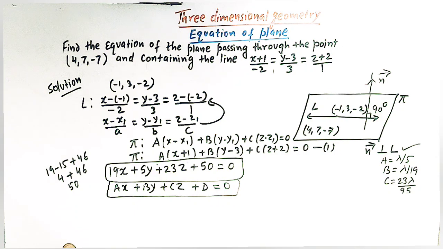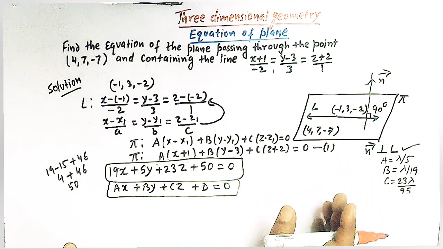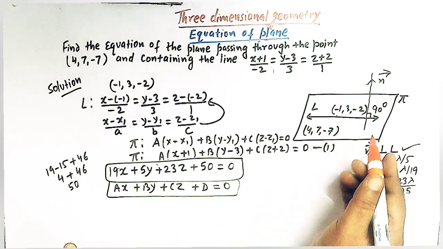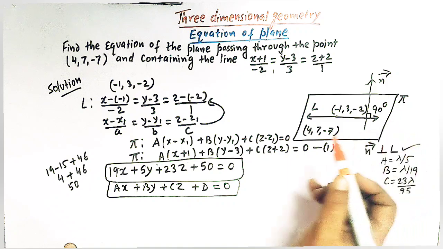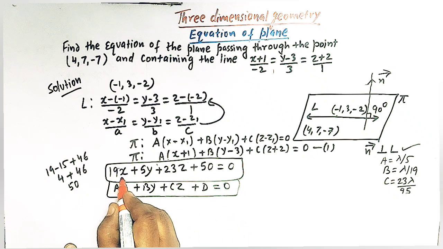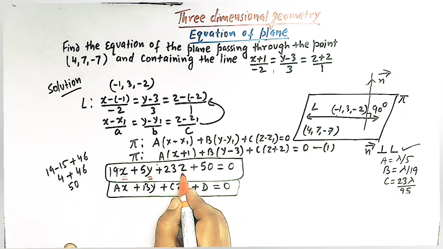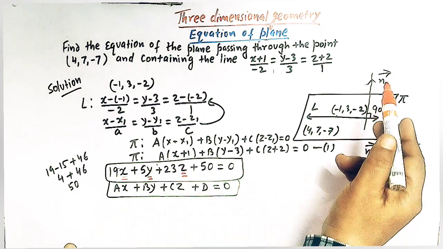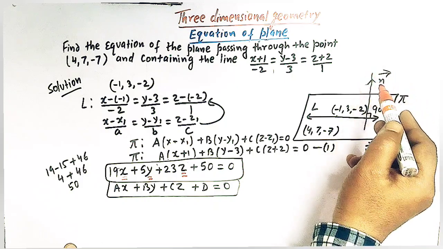So viewers, this is how, by the application of the concept of direction ratios, we can find out the equation of any plane pi with these given conditions. And here it is important to note that the coefficients of x, y, and z give us the direction ratios of the normal vector.